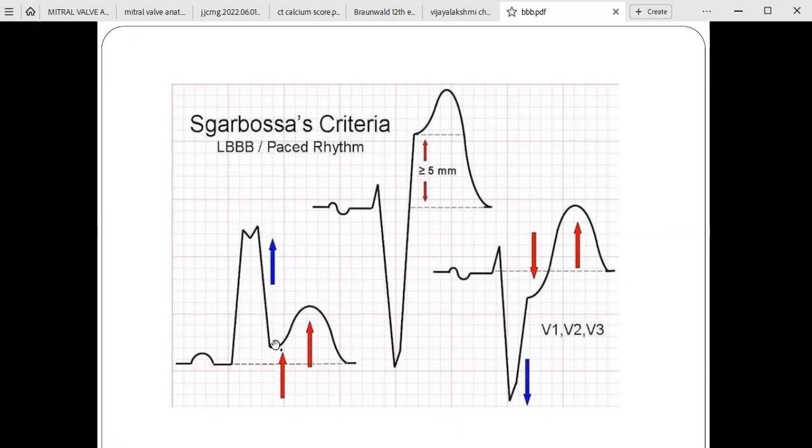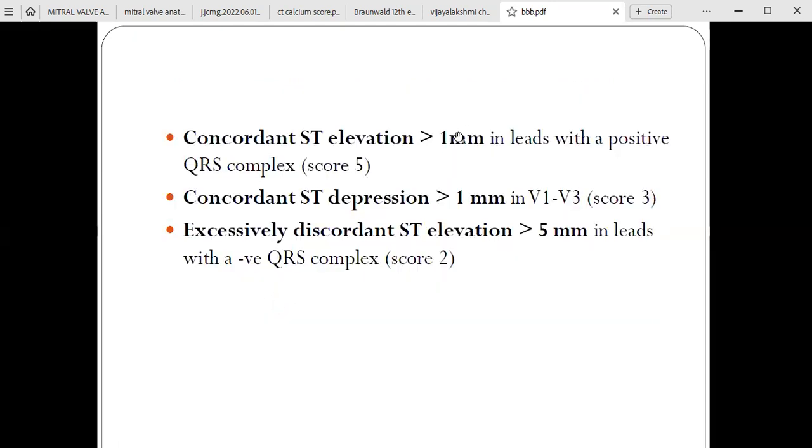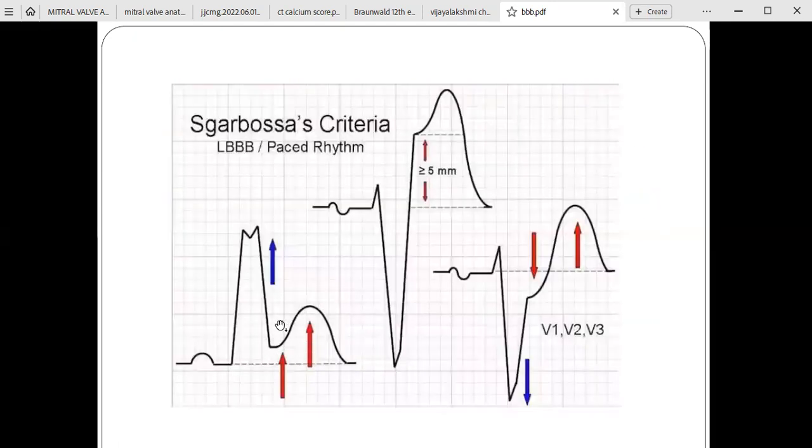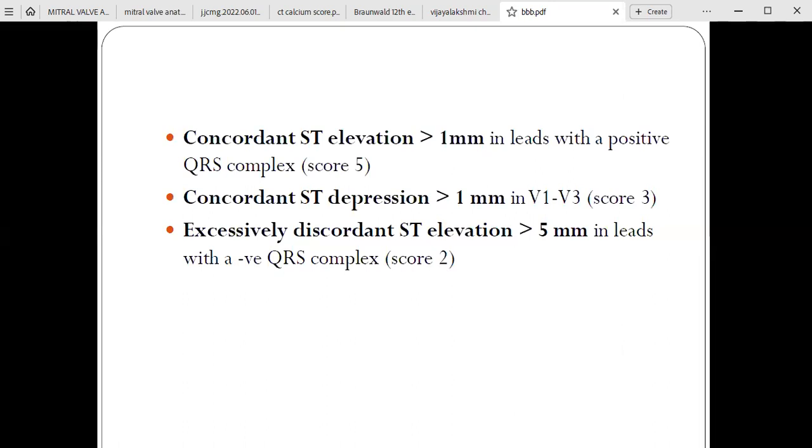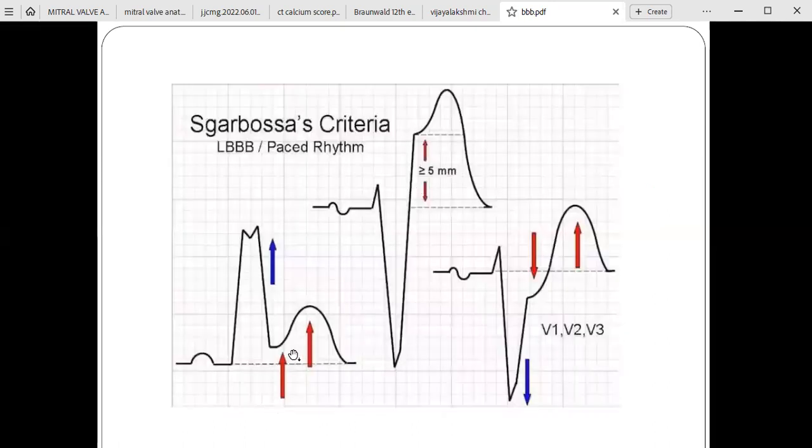But if you see ST segment elevation rather than ST depression in the concordant lead, and it is more than 1 millimeter, it is a positive sign with a score of 5. That means if this feature is there, it is suggestive of myocardial infarction.